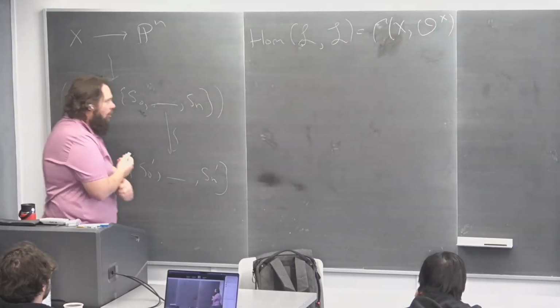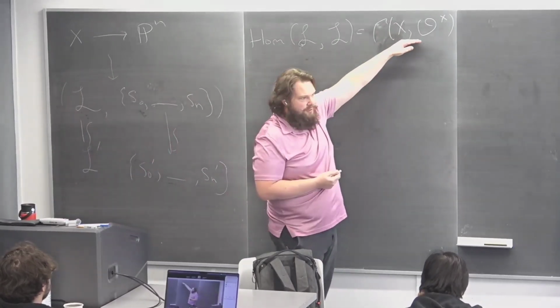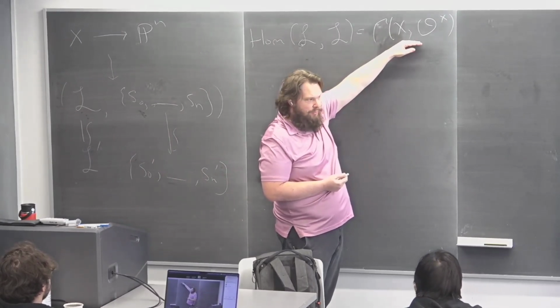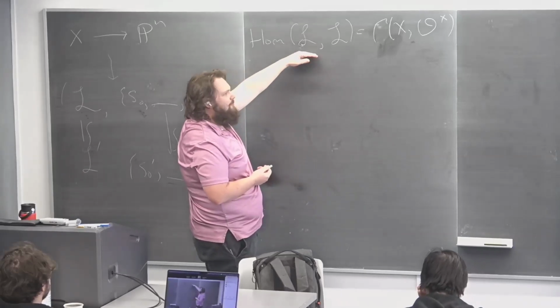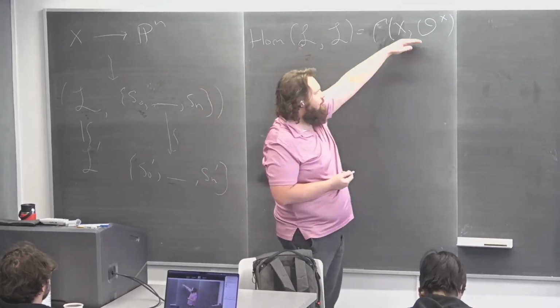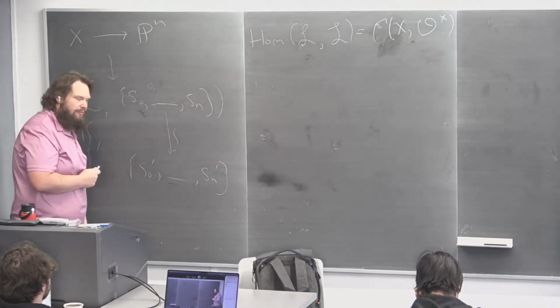Right? Because locally, this is isomorphic to the structure sheaf. The automorphisms of the structure sheaf as an O of X module are multiplication by invertible functions. And gluing those automorphisms together is just saying that this is a section over the whole scheme of global invertible functions. Yes.